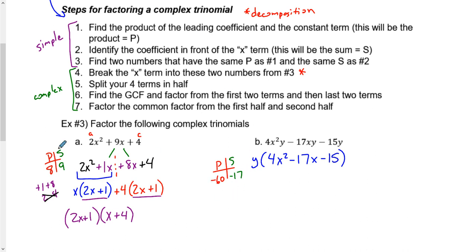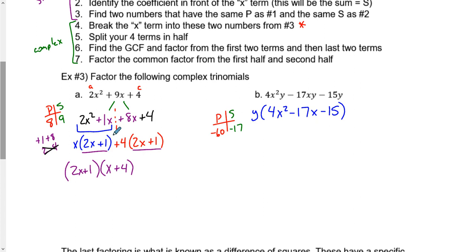So for larger numbers, it obviously becomes a little bit harder. But I also have this specific question for a reason. Factors of 60 are 1 and 60, 2 and 30, 3 and 20, 4 and 15, 5 and 12, 6 and 10.